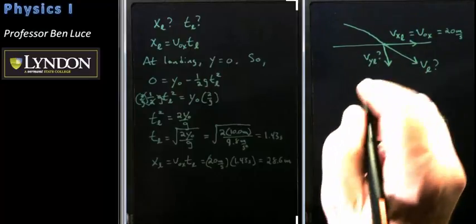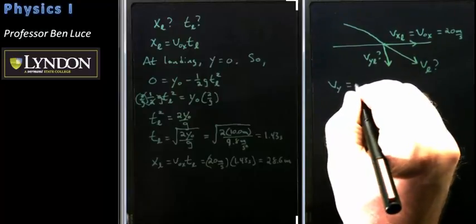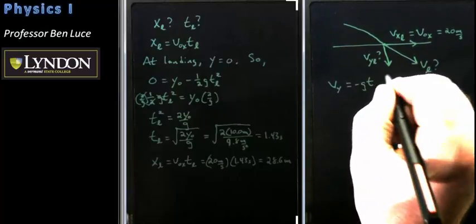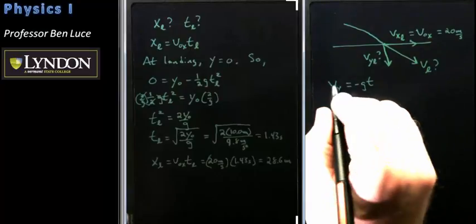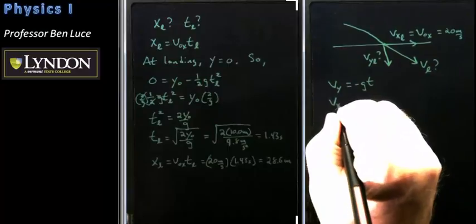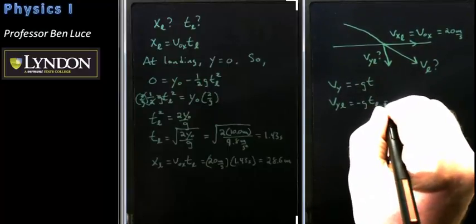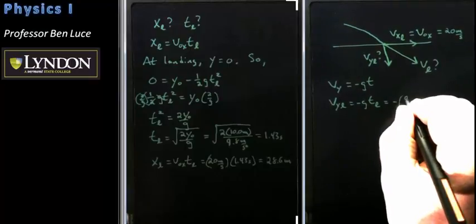All right, now how to compute Vl? Well, we go to the Vy equation. The Vy equation here is just equal to, or gives, minus gt. So Vy at landing will be minus g tL, and now we compute.